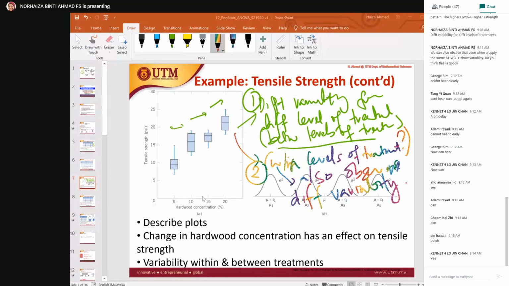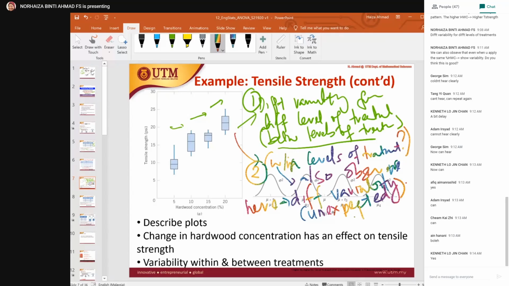Okay. So here you observe different variability. So this is unexpected. Okay.